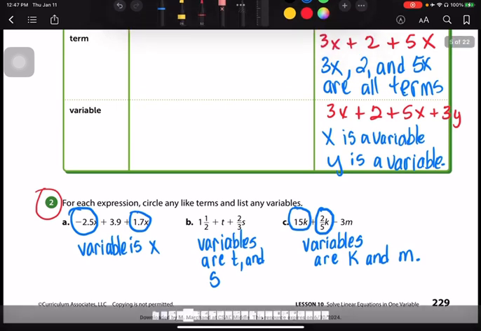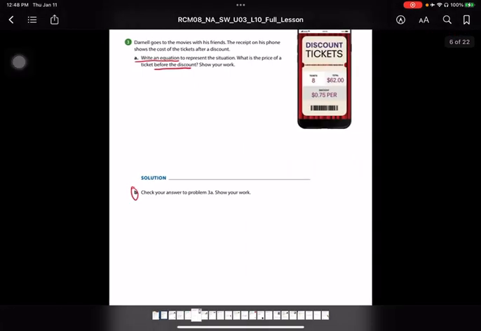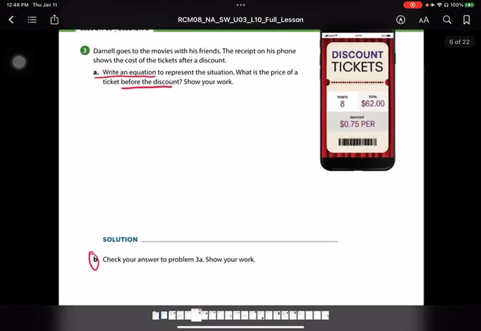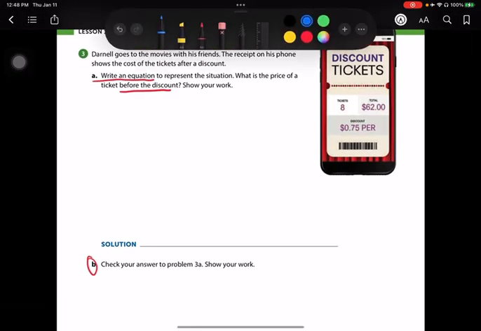All right. Also, you had number 3 for homework last night. Number 3 talks about Darnell. Darnell goes to the movies with his friends, and the receipt on his phone shows the cost of a ticket after the discount. Your job was to write an equation to represent the situation, asking what is the price of the ticket before the discount, and show your work.